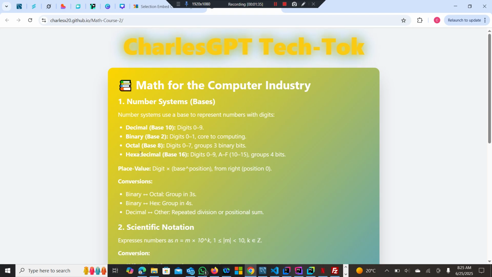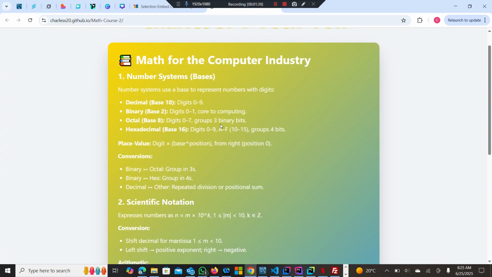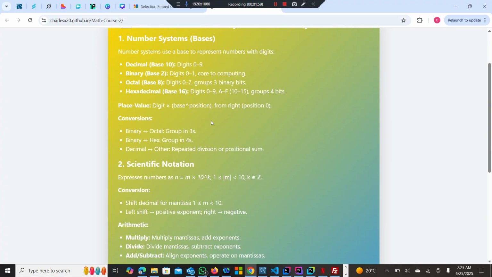Same thing for hexadecimal, which is base 16. Since a normal decimal digit stops at 9, we can't write 10, 11, 12, 13, 14 and 15 as single digits, so we use A to F. A is 10, B is 11, C is 12, up to F which is 15. So that's how we work with number systems and bases.